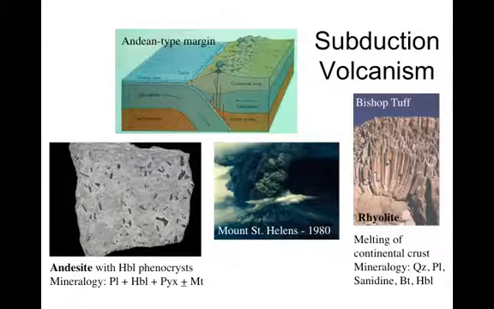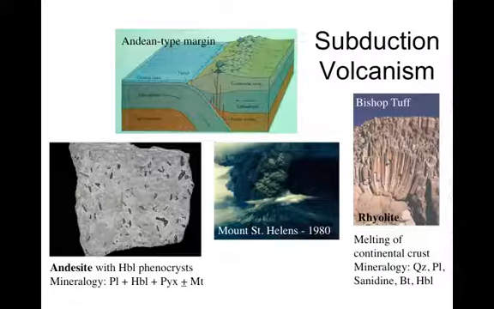The result is, in general, a granodiorite composition for the overall continental crust. The volcanic equivalent would be andesite, which gets its name from the Andes Mountains in South America. And the mineralogy, again, is mostly quartz, plagioclase, and to a lesser extent hornblende, biotite, muscovite.